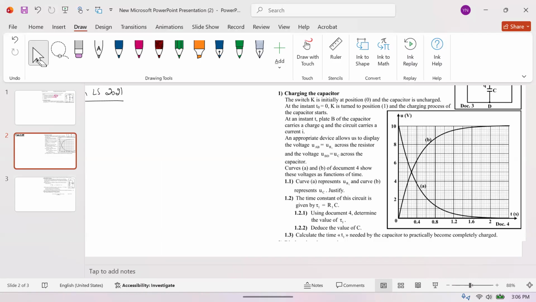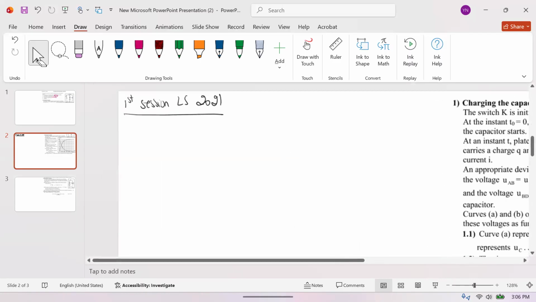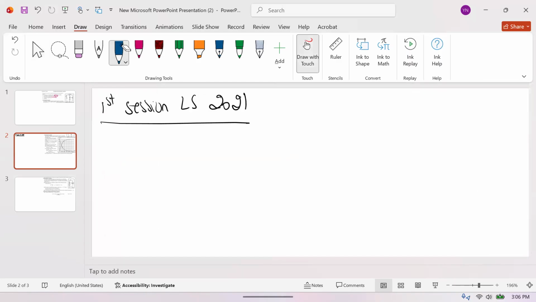Or we can say it in an even simpler way. We know that UR, using Ohm's law, is equal to R times i. And we also know that i in general has the solution i = I0 e^(-t/tau), which clearly explains that the current is decreasing.